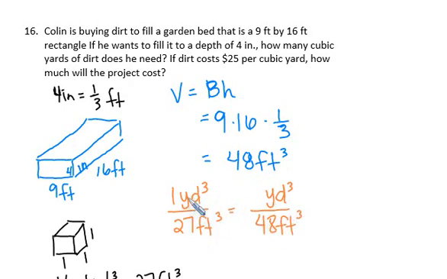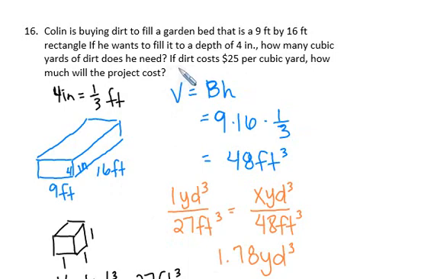This is my ratio that we know, and then this is what we're trying to find, my unknown right here. So notice if we cross multiply, we're going to have to end up dividing 48 cubic feet by 27 cubic feet. So when you do that, you get 1.78 cubic yards of dirt that you will need in order to fill this garden. So that is the answer to our first question.